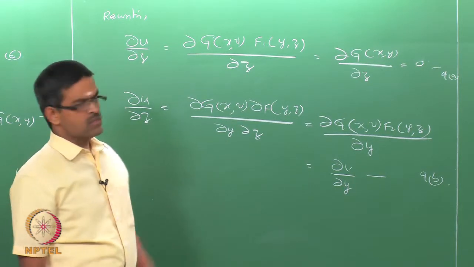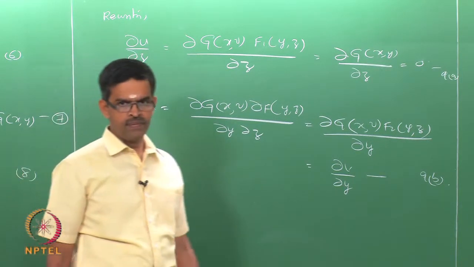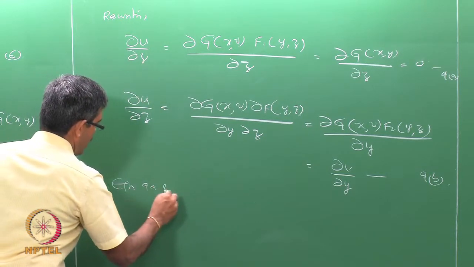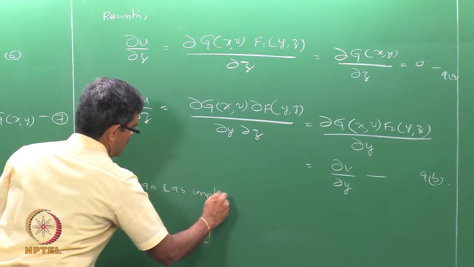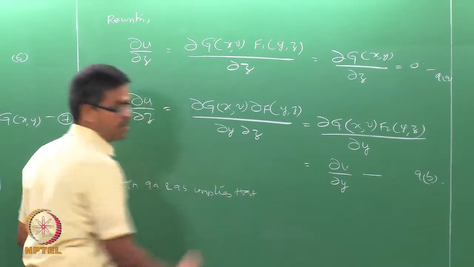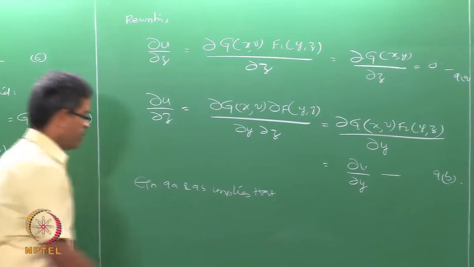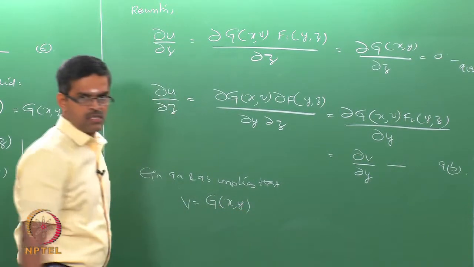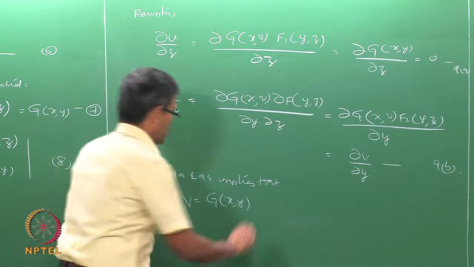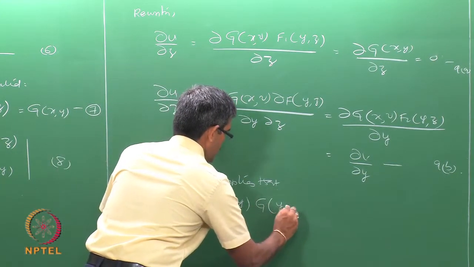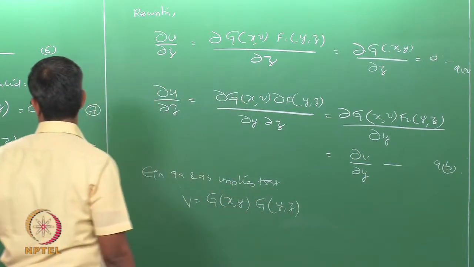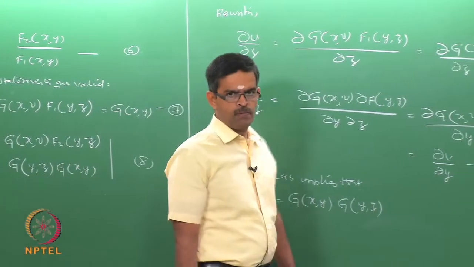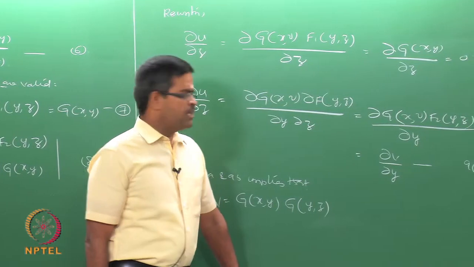The above two equations, or set of equations 9, imply that v is expressed as g x y and g y z, which is independent of y.